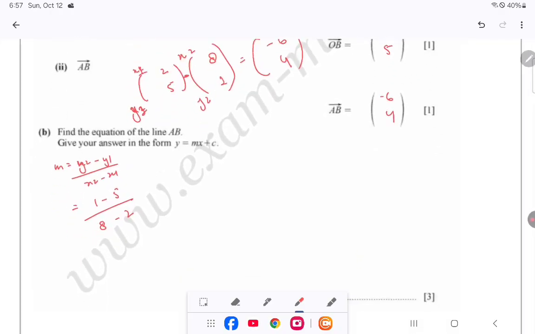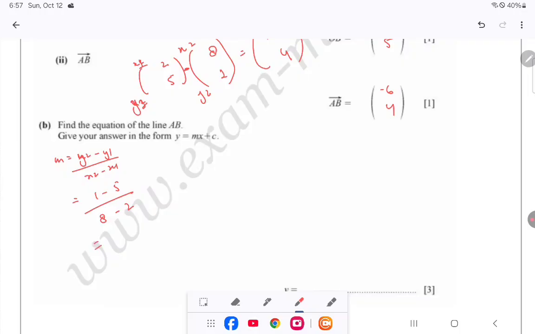Now solve it further. Our slope will become negative 2 over 3. We just calculated the slope.